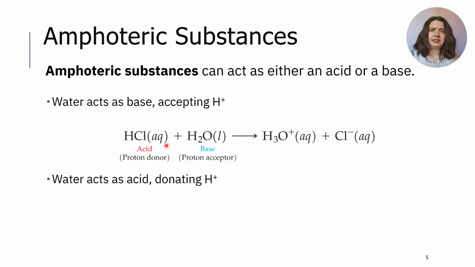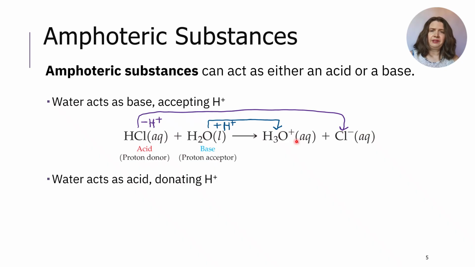When water reacts with an acid, water acts as a base. For example, HCl aqueous plus H2O liquid produces H3O+ plus Cl-. In this reaction, hydrochloric acid donates its H+ ion, and water accepts it to form the hydronium ion.